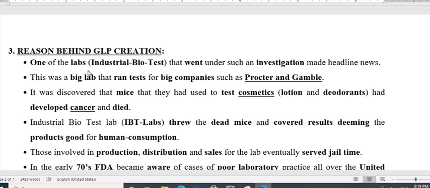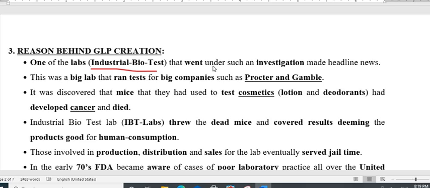Because of fraud in the IBT lab, the Industrial Biotest Lab. What happened in that lab? Not only this lab, about 40 labs in the United States were doing scientific work, but the results were not reliable, and also it was fraud.